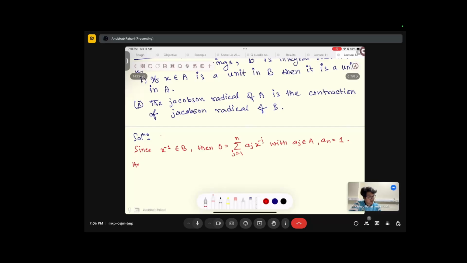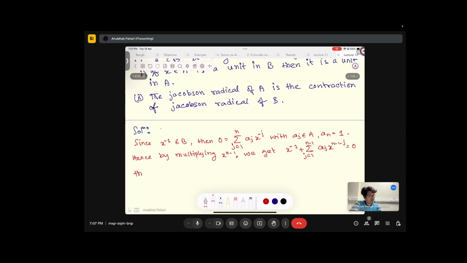Hence, by multiplying by x to the power n minus 1, we get x inverse plus the sum over j equals 1 to n minus 1 of aj x to the power n minus 1 minus j equals to 0.